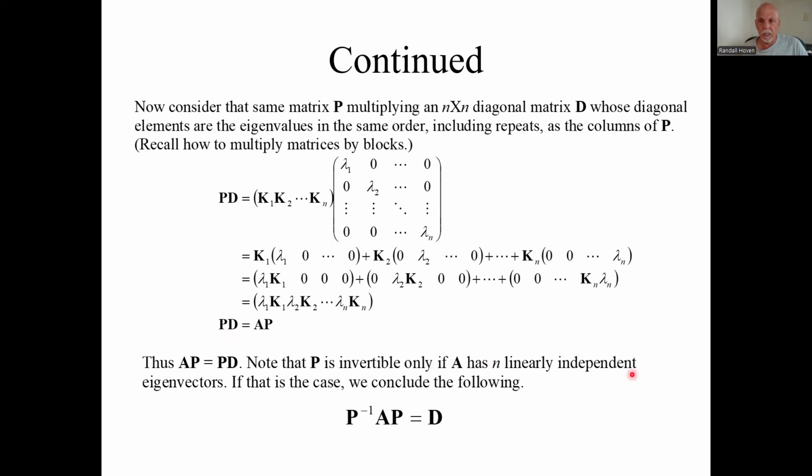If A has n linearly independent eigenvectors, P is invertible. And then I can pre-multiply by P inverse on both sides here, and I get this little relationship. This P is called the diagonalizing matrix. It's something you do to A to get a diagonal matrix. And the P's will be made up of the eigenvectors, and the D is the eigenvalues in the same order.